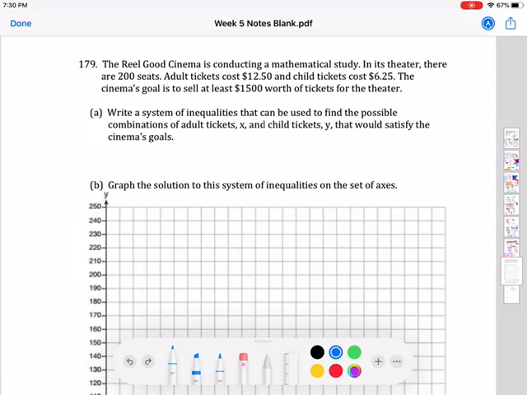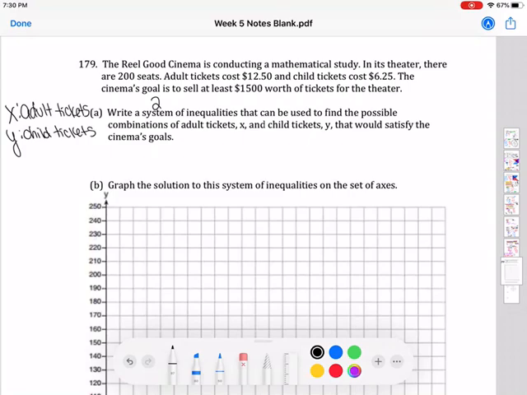Okay, part A says, write a system of inequalities that can be used to find the possible combinations of adult tickets X and child tickets Y that would satisfy the cinema's goals. So a couple things I want to point out. It's asking us to write a system again, which means 2. And it gave us variables. It says that X represents adult tickets and Y represents child tickets.